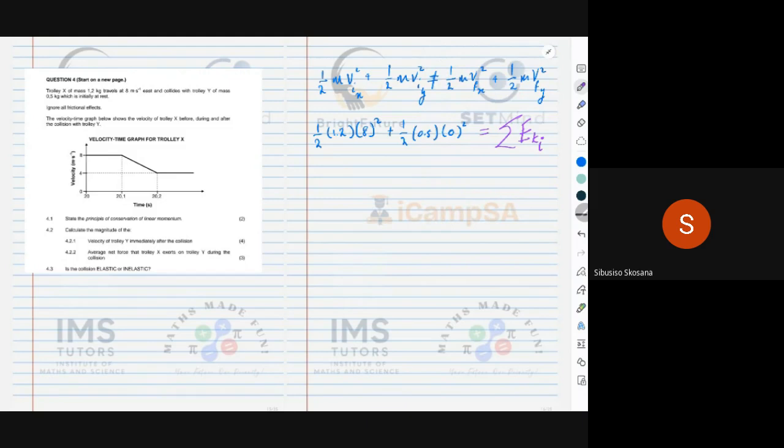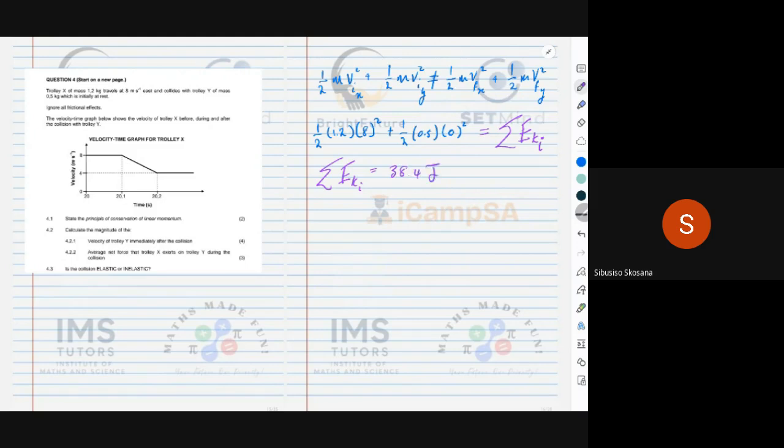So we can have an answer here. The initial kinetic energy equals 1.2 times 8 squared times 0.5. So here you have 38.4 joules.